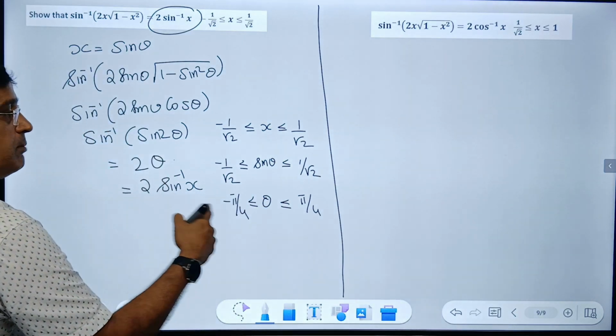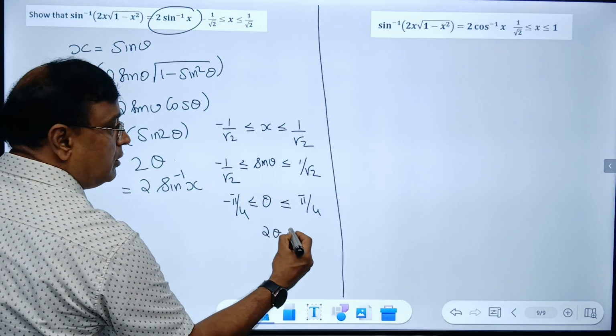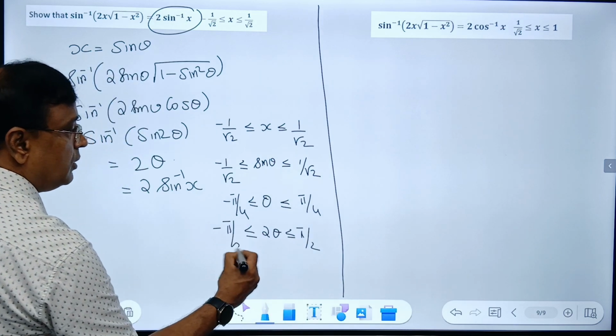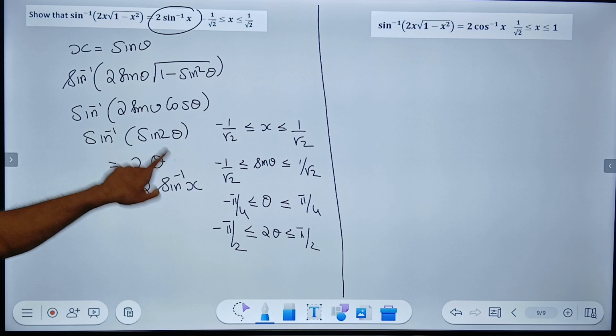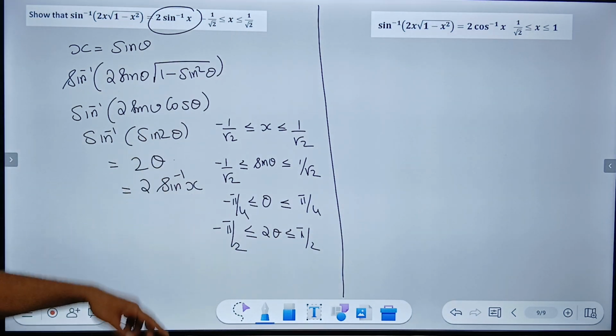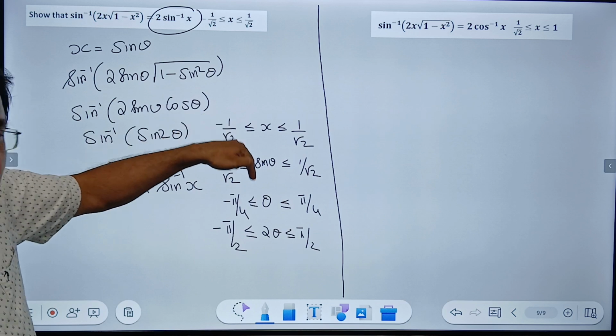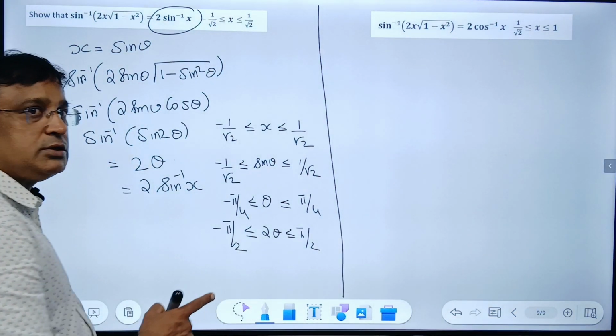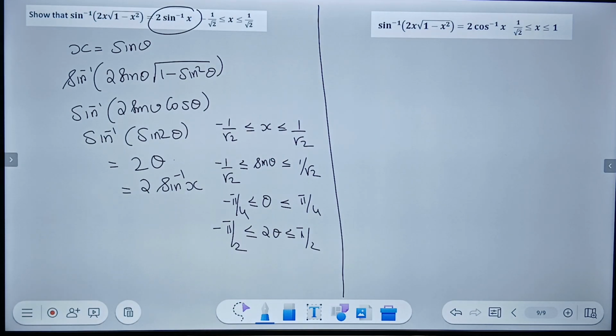Since I want 2 theta, multiply throughout by 2: minus pi by 2 to pi by 2. So clearly you can see it lies in the principal range. Therefore sine inverse of sine 2 theta can be written as 2 theta. If you had put cos theta, you will have a problem, okay, because it will not lie in the principal range of cos.